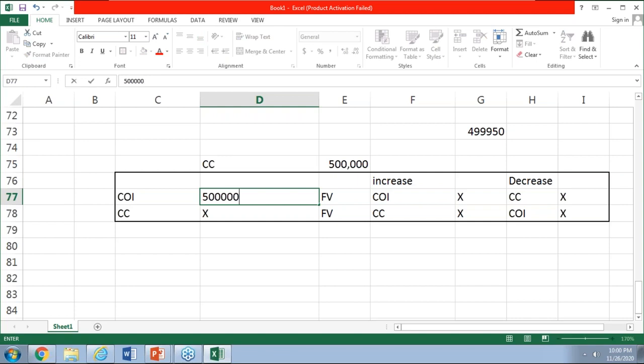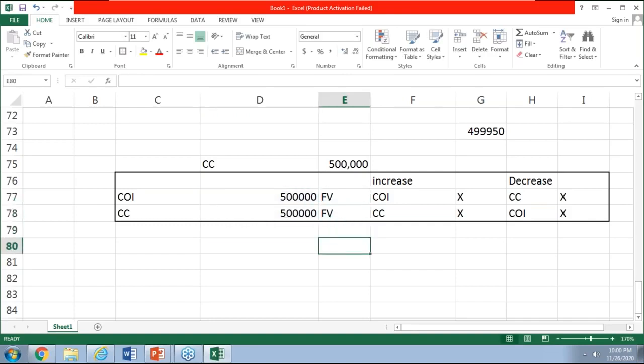Initially we have recorded the contingent consideration at 500,000, but by the year end we come to know that the value has increased to, assuming, 700,000. So there is an increase in the contingent consideration from 5 lakh to 7 lakh. So there is a change of 200,000 over the period in the contingent consideration.